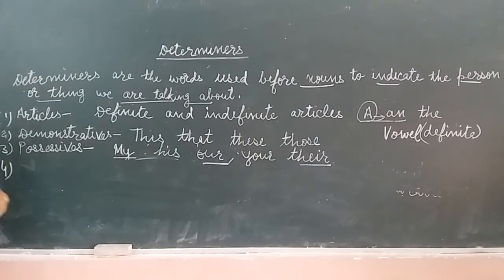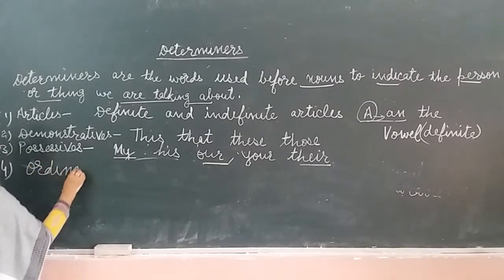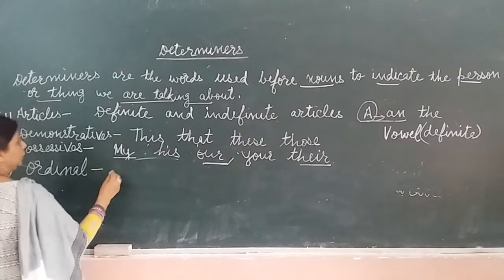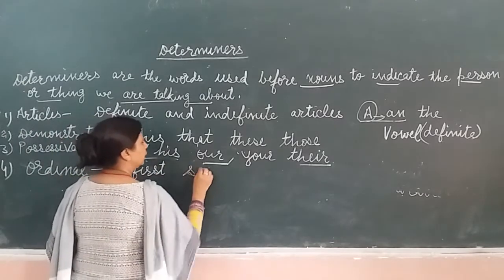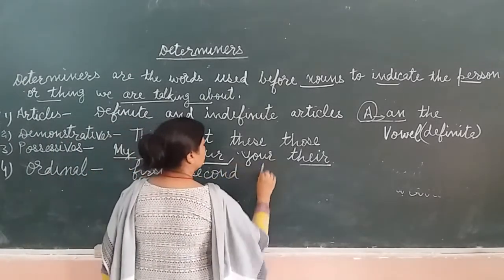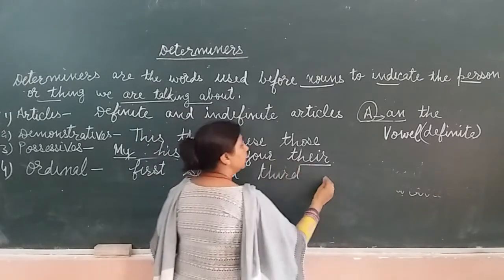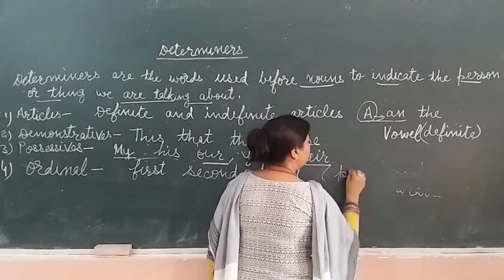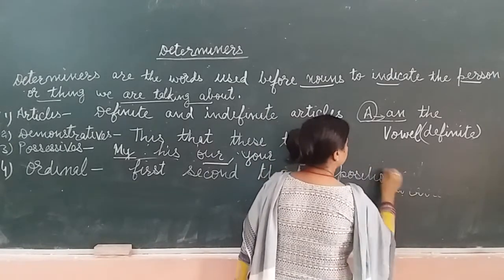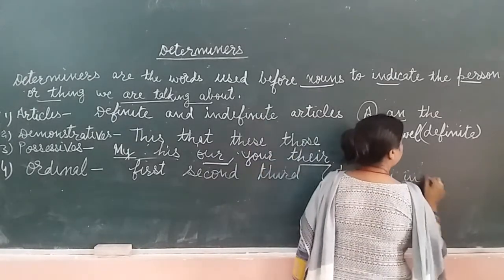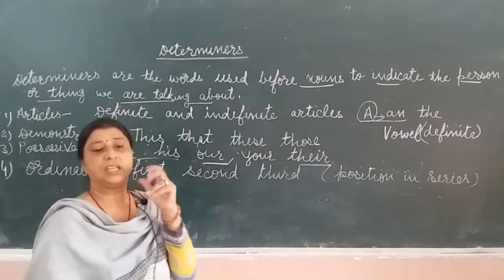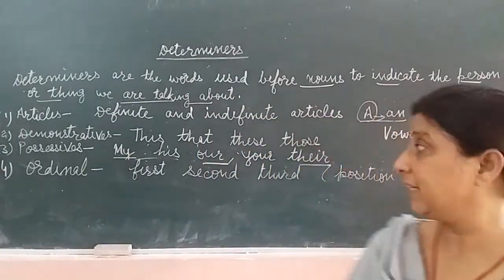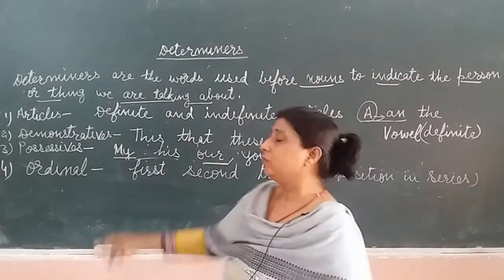The fourth one that we are using is ordinals. First, second, third show position in a series. If we have a series of 20, 30 or hundreds, what is the position of the noun?